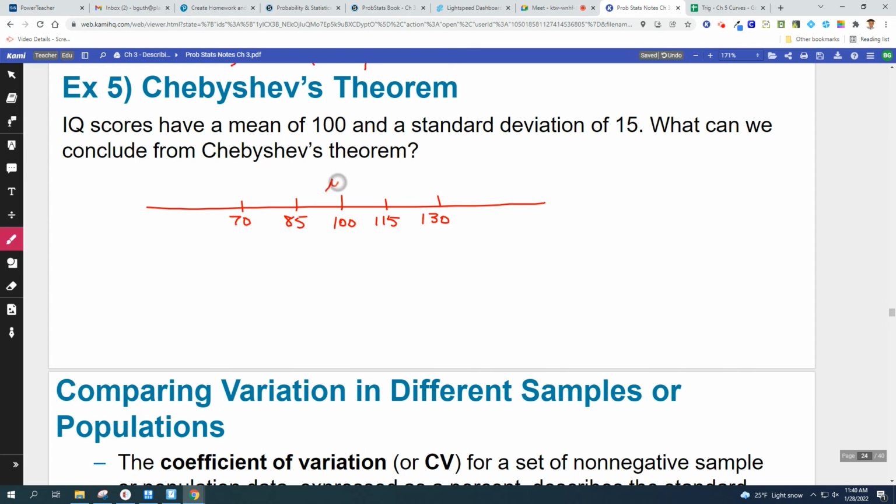So this is the mean, the mean plus 1 standard deviation, the mean plus 2 standard deviations, the mean minus 1 standard deviation, and the mean minus 2 standard deviations.